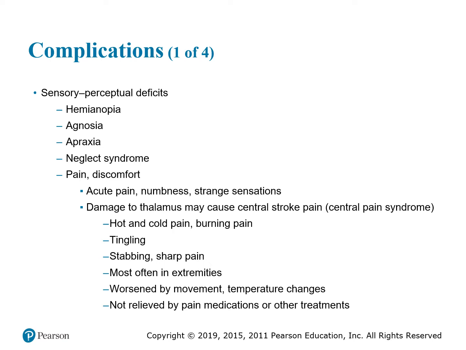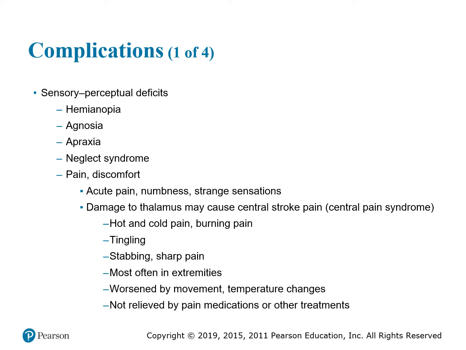What are these? So, hemianopia, I'm sorry, it's hemianopia. It's the loss of half of the visual field of one or both eyes. When the same half is missing in each eye, the condition is called homonymous hemianopia.